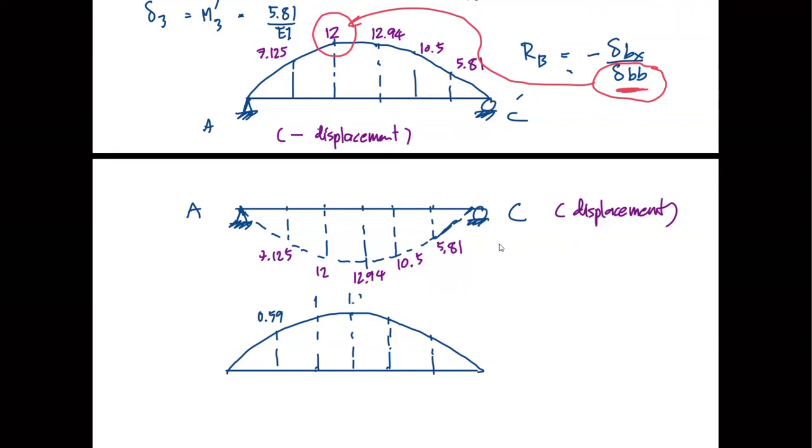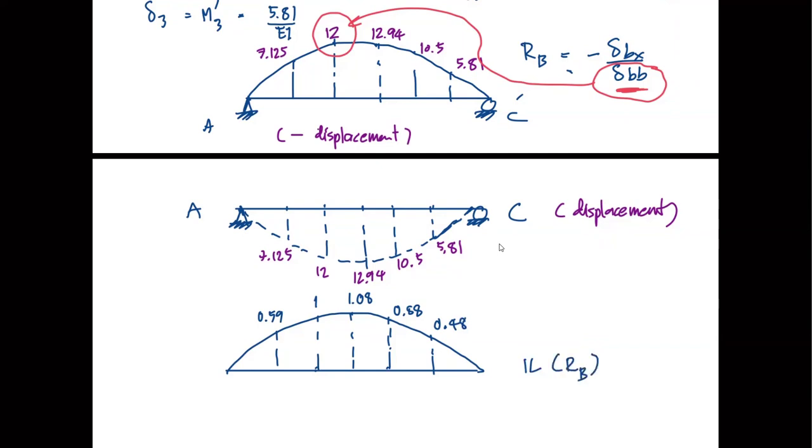So you see, the location that gives the maximum RB is not where the unit load lands on B itself. That's the indeterminate structure for you. This is 0.88, and this is 0.48. So this is the influence line of the reaction at B.